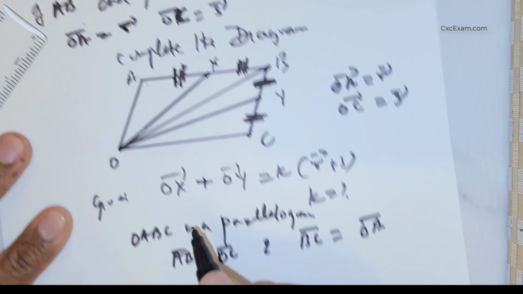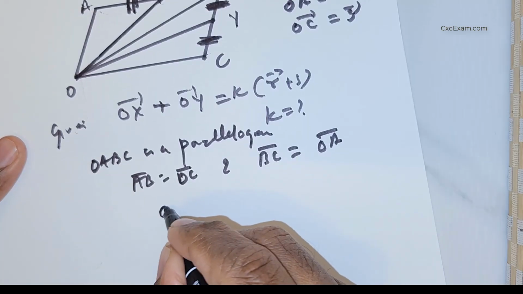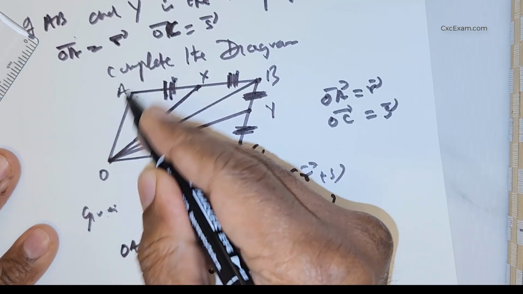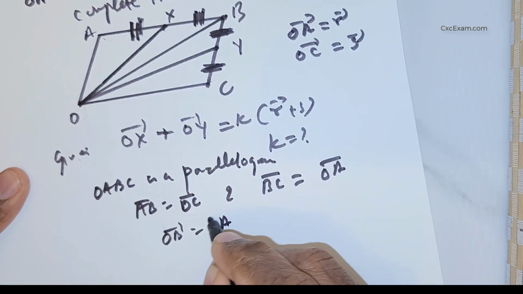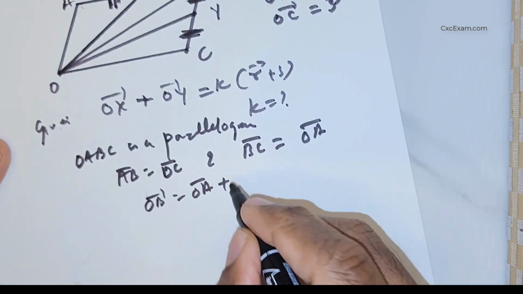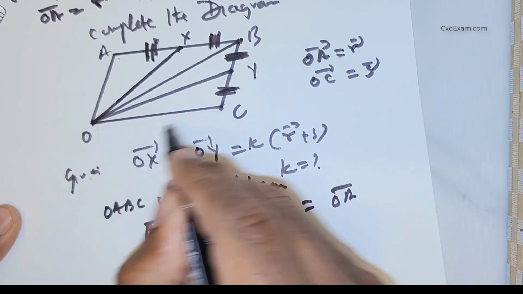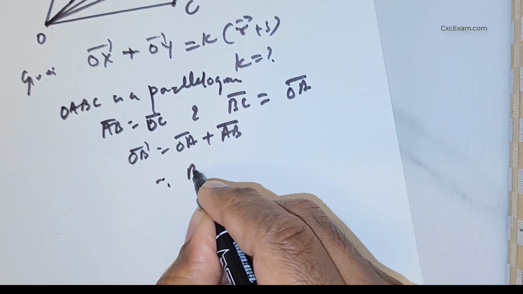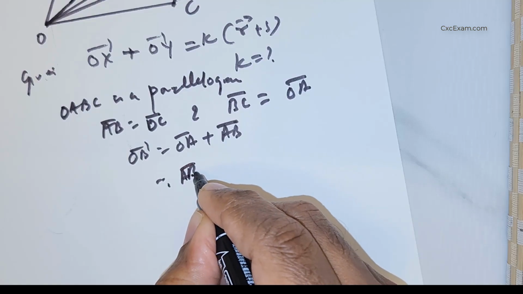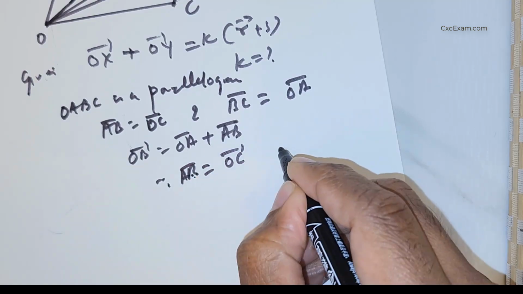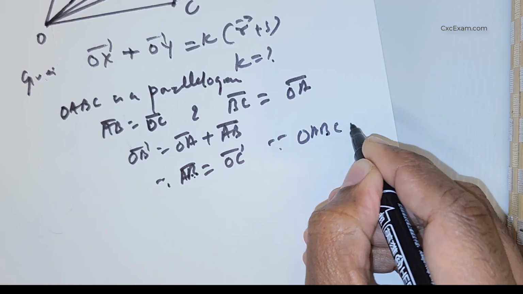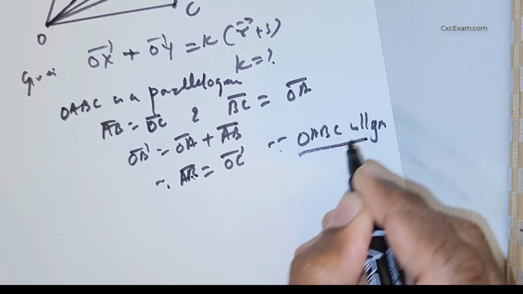Now OB vector is nothing but OA vector plus AB vector. But AB vector is equal to OC vector because OABC is a parallelogram.